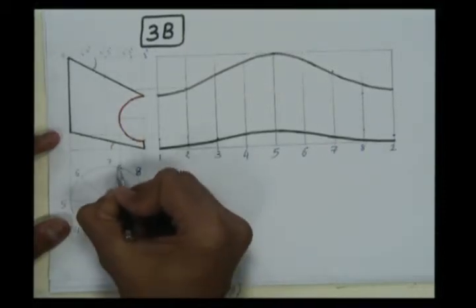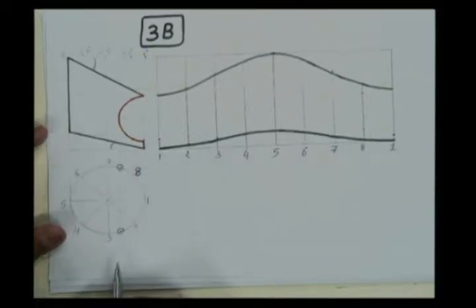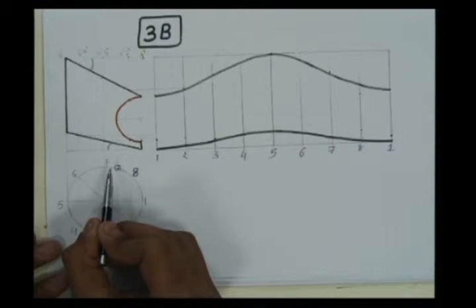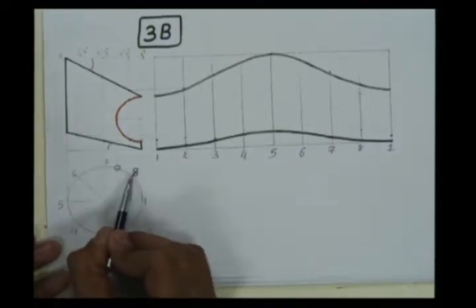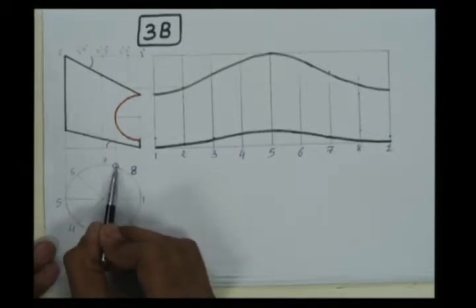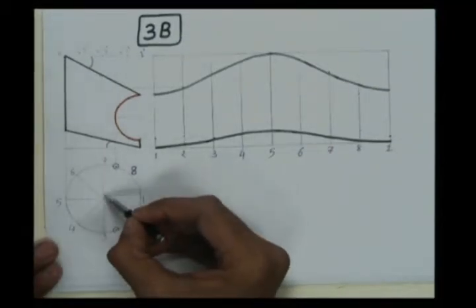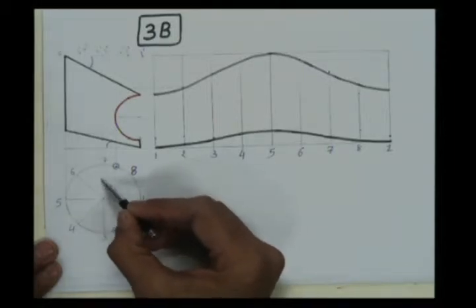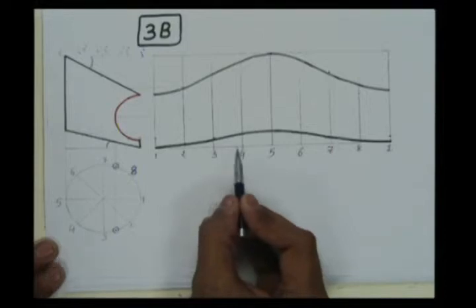You can highlight this, but in the exam it would not be needed to highlight these 2 points. Now we know the position of this point, that is the true position, between 7 and 8 at this distance. To have a precise measurement of this point, we can join this point with the apex point O and measure this angle, and according to that angle we can find out the position.